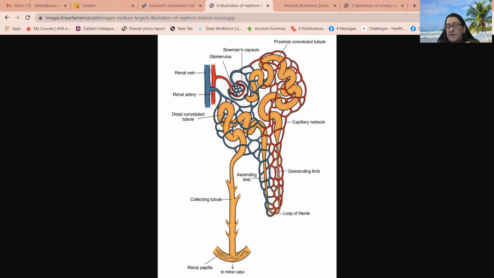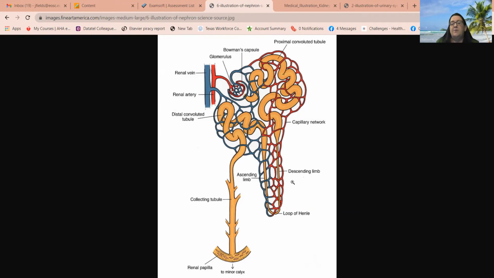One really common example is that in the loop of Henle, potassium can cross that membrane. And so if we're giving diuretics that act on the loop of Henle, that patient tends to lose more potassium. So patients who are on Lasix are going to lose potassium, and they frequently need potassium supplementation. So that's just one of those examples.